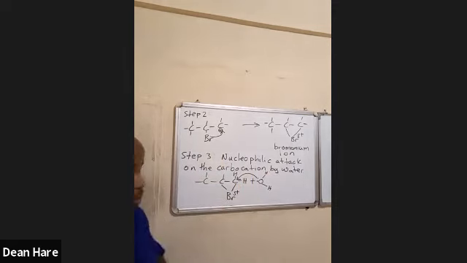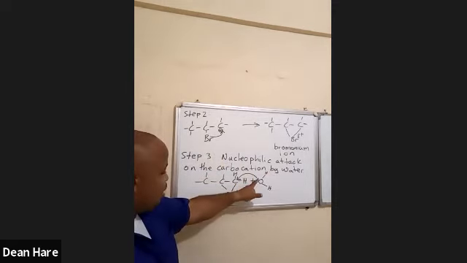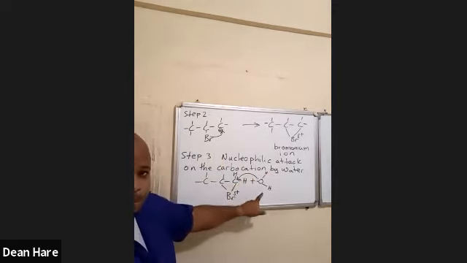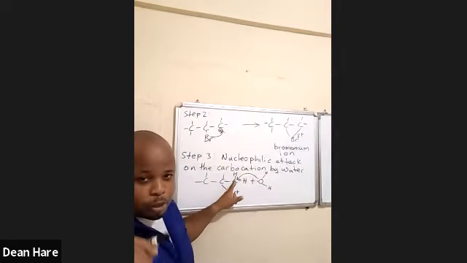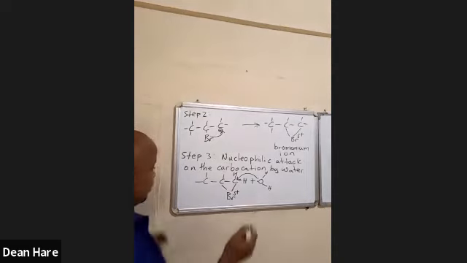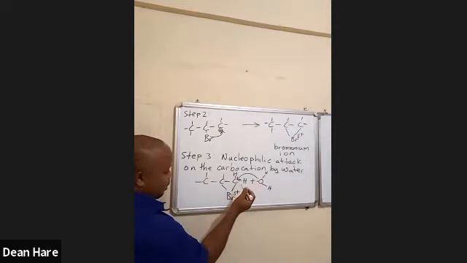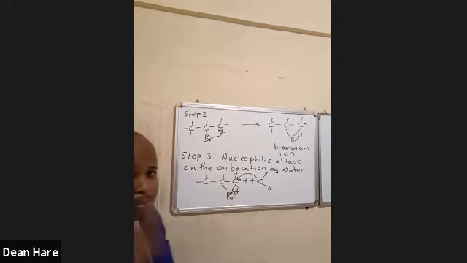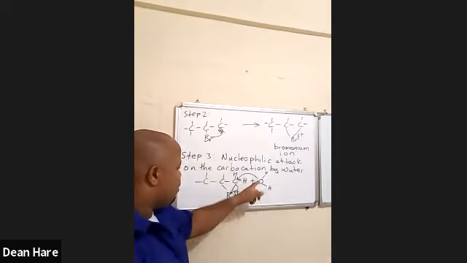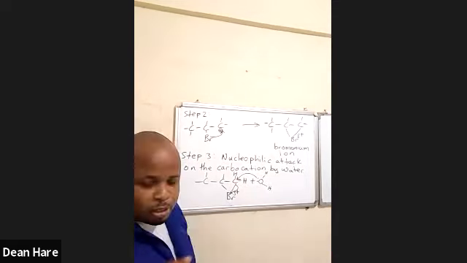Oh, also, every time you do a nucleophilic attack, a bond must break. So when I attack this carbon, this bond is going to break. All right, so just bear that in mind. If you do a nucleophilic attack, you must break a bond.